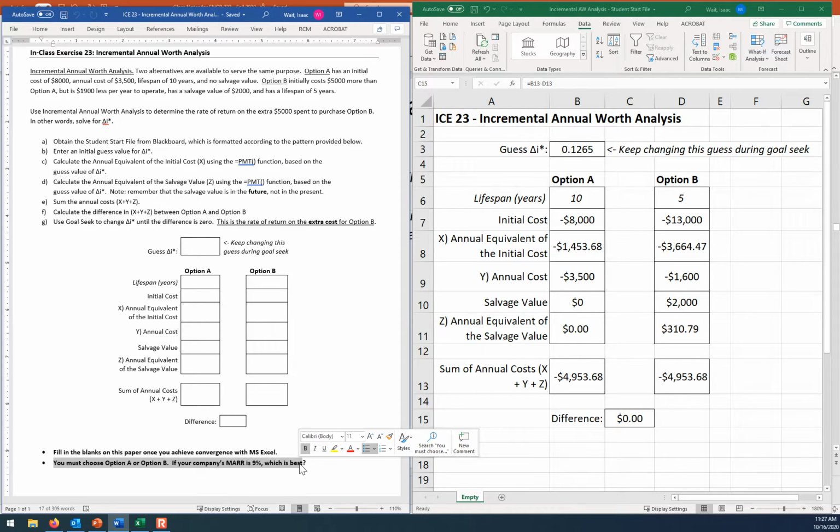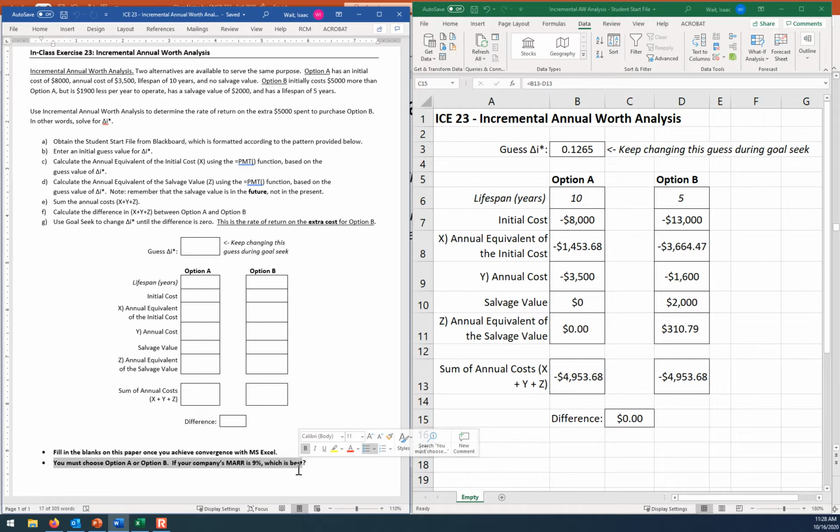Well, the decision criteria for incremental annual worth analysis is similar to the decision criteria we've used in other types of analysis. And so since the rate of return is greater than the minimum, that tells us we should choose the more expensive alternative. And that's the same thing that you did in incremental analysis on Wednesday. If the rate of return was bigger than the MAR, then that means between the 2 options, choose the more expensive one.